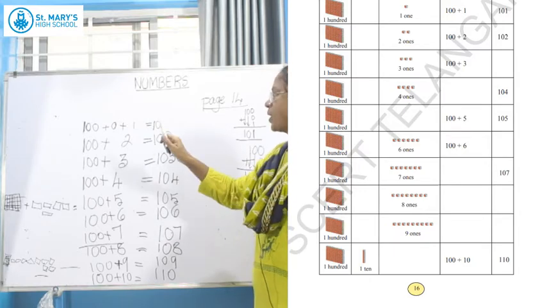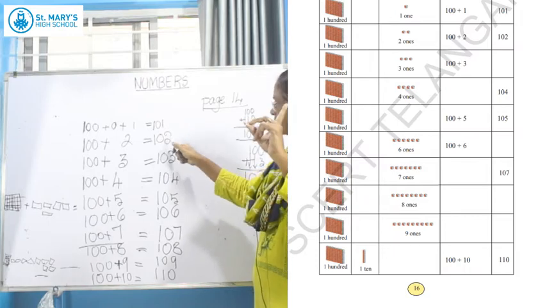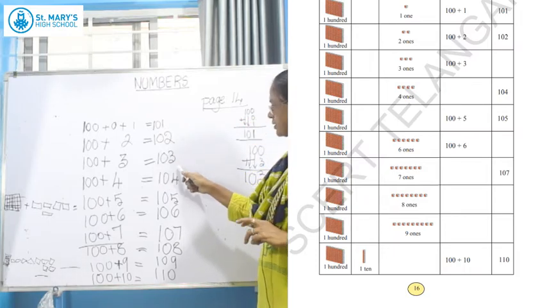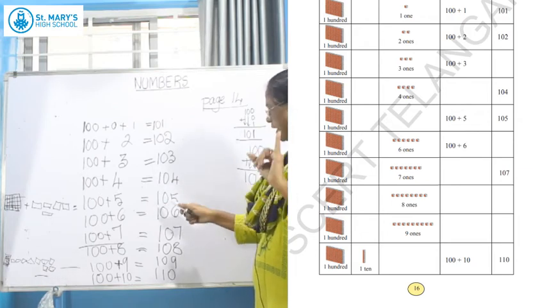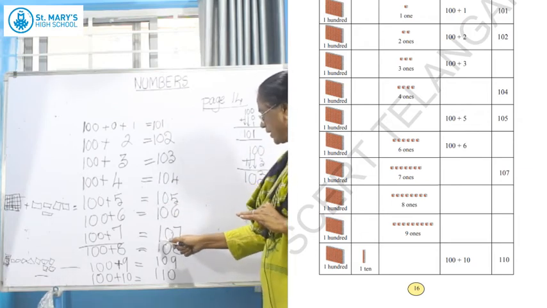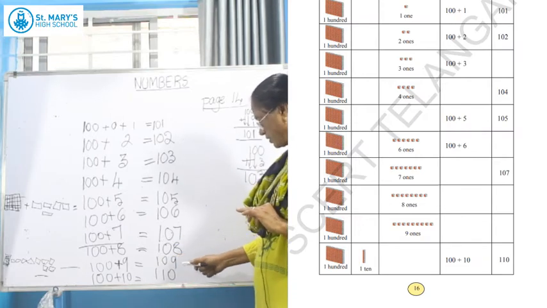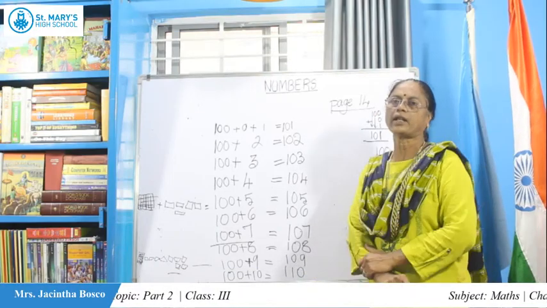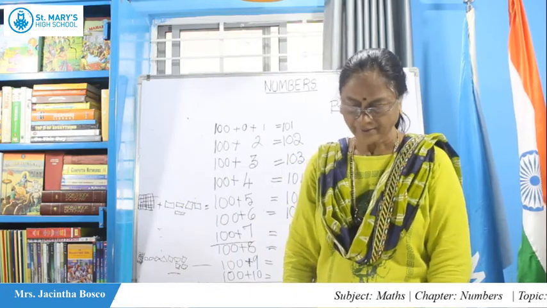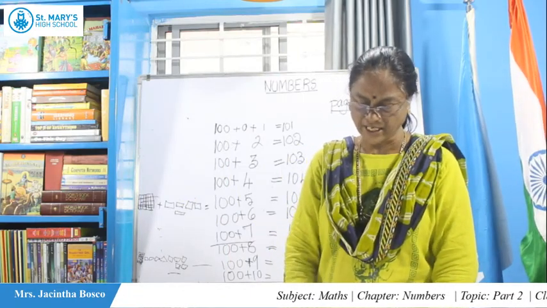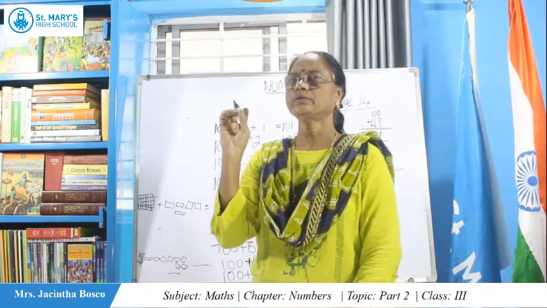Repeat. 102, 103, 104, 105, 106, 107, 108, 109, 110. Got it? Now next box also is there. See there. It's very easy for you. Wherever it is given, you have to do it.